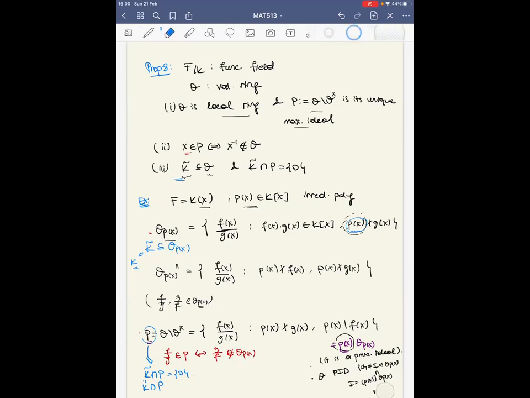Here n is bigger than 0. And we can also observe that any element, a rational function f over g, can be written uniquely as p(x) to the n times u(x), where u(x) is a unit in O_p(x) star.